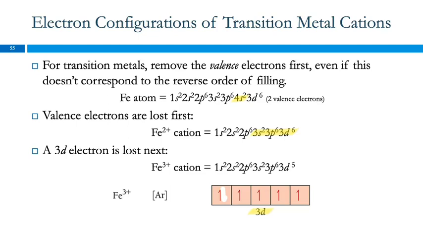But the valence electrons here are mixed up with the d, right? And the transition metals, most of them form more than one ion. So how do I know that I'm supposed to take off 3 electrons here? Well, I'm trying to write the electron configuration for iron 3+. I'd have to be told that, right?